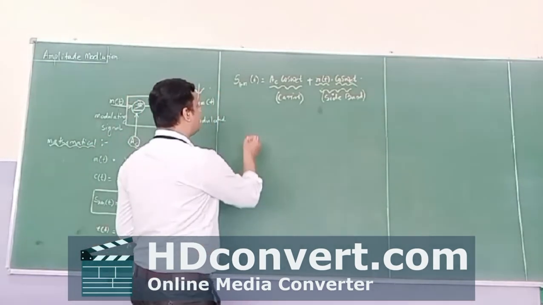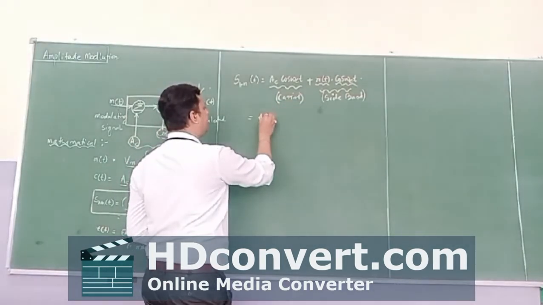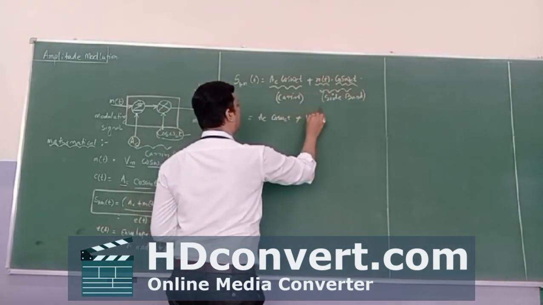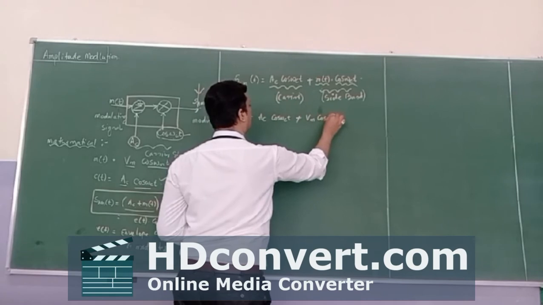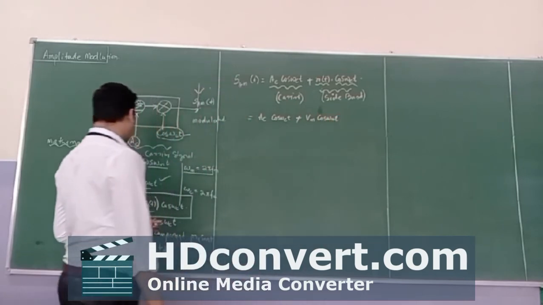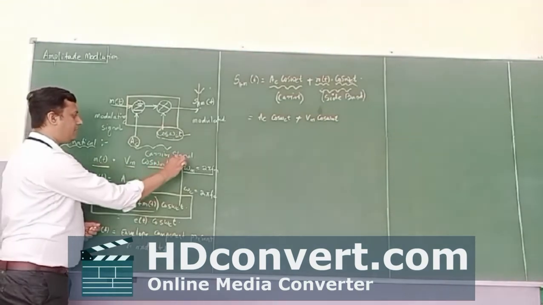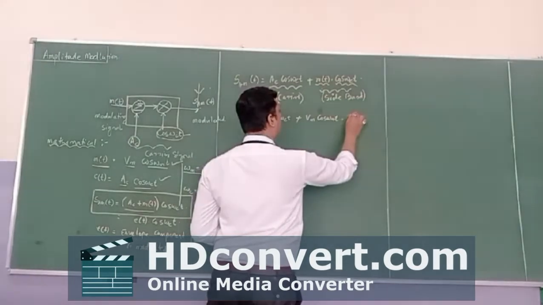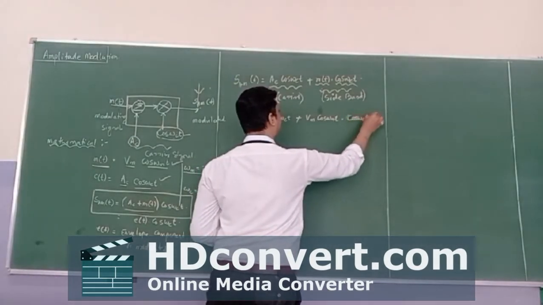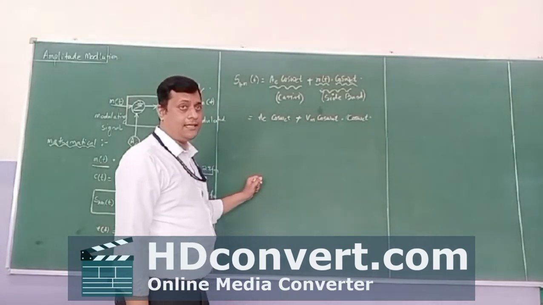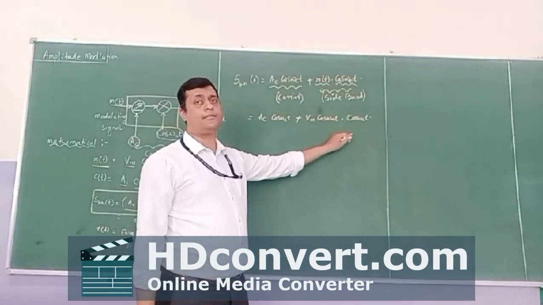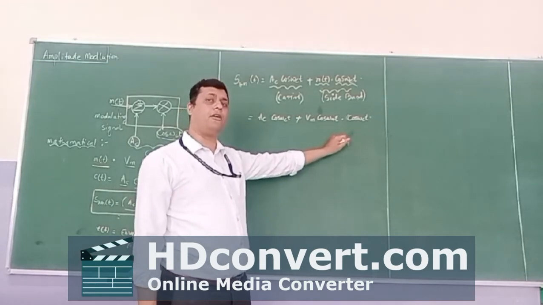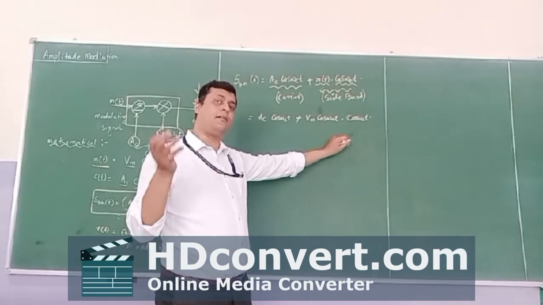Let's see. Here, if I expand this, it is A_c cos omega_c t. M of t I can write as V_m cos omega_m t, because we have considered m of t as V_m cos omega_m t, which is multiplied with cos omega_c t. Now you can see that these both are in the form cos A cos B. So cos A cos B can be written as half of cos of (A plus B) plus cos of (A minus B).